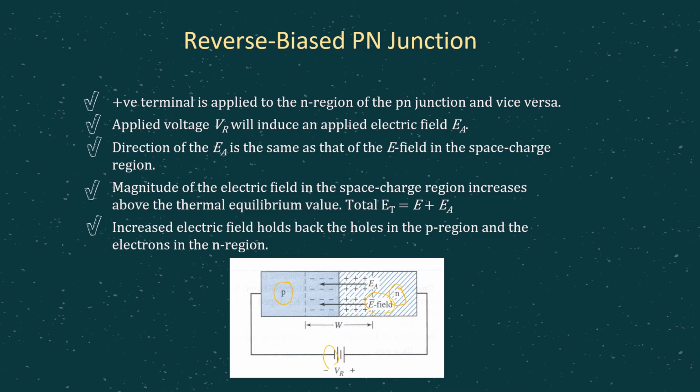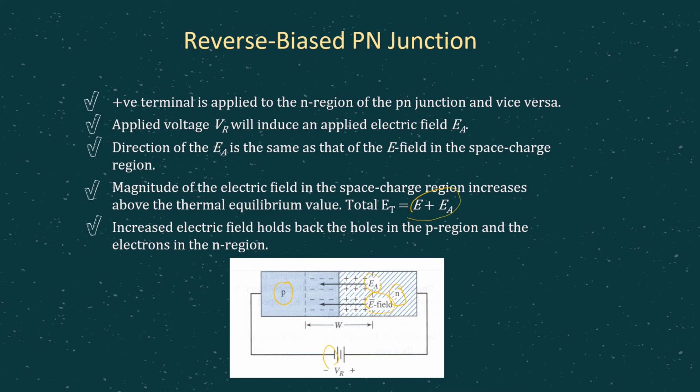Obviously this electric field direction is from positive to negative, and here it is labeled as EA. So we have an additional electric field on top of the existing electric field from thermal equilibrium, meaning the total electric field becomes higher, giving a higher magnitude of electric field.